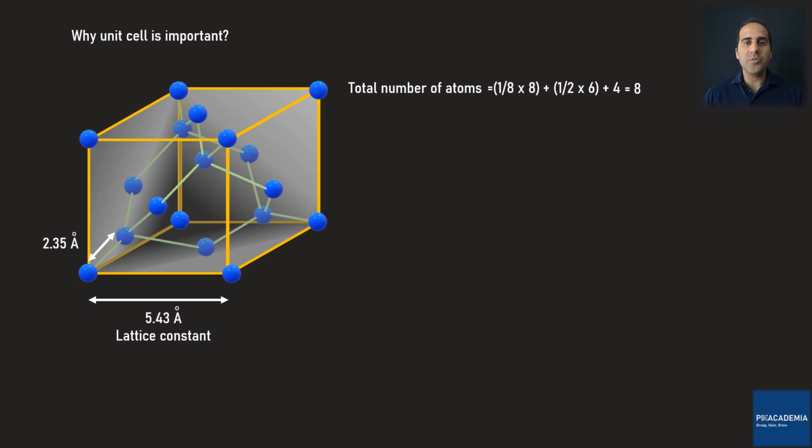Another parameter to obtain through studying the unit cell is the density of atoms, or the number of atoms per volume. That is 8 divided by 5.43 angstrom cubed. The result is 5 times 10 to the power of 22 atoms per centimeter cube. We can also calculate the density of silicon.